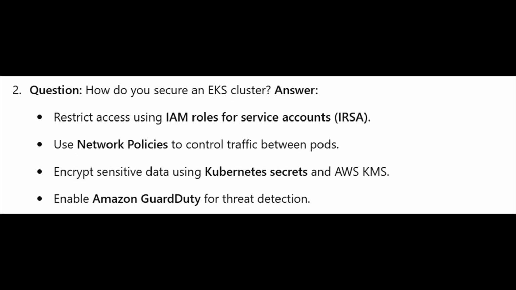Question: how do you secure an EKS cluster? Answer: restrict access using IAM roles for service accounts, IRSA. Use network policies to control traffic between pods. Encrypt sensitive data using Kubernetes secrets and AWS KMS. Enable Amazon GuardDuty for threat detection.